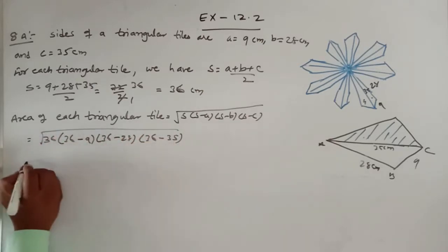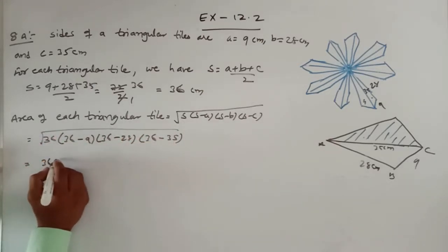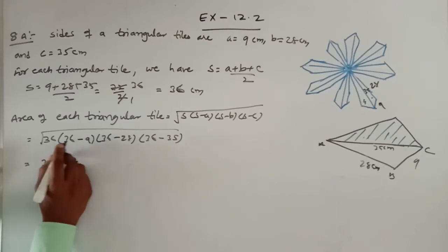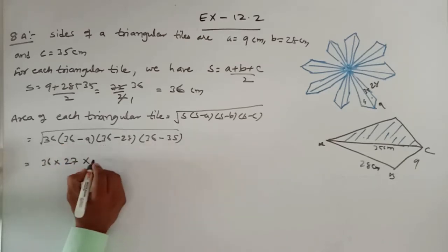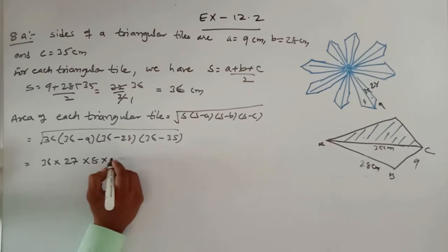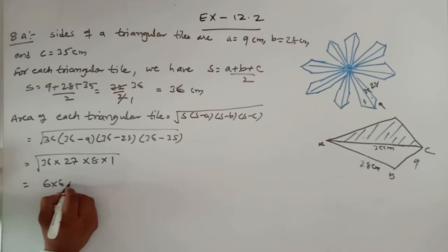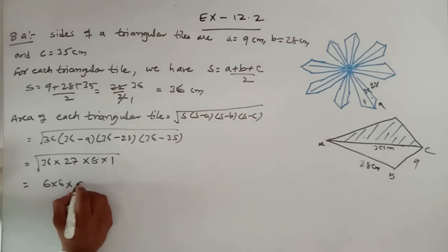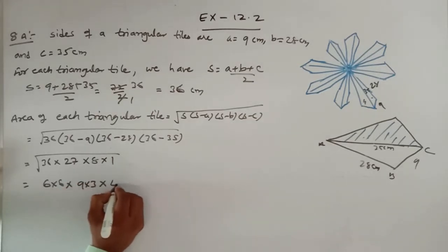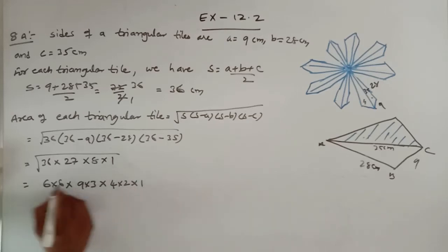That is 36 into 27, 36 minus 9 is 27, 36 minus 28 is 8, into 36 minus 35 is 1. So this 36 I am expanding as 6 into 6 into 9 into 3 into 4 into 2 into 1.